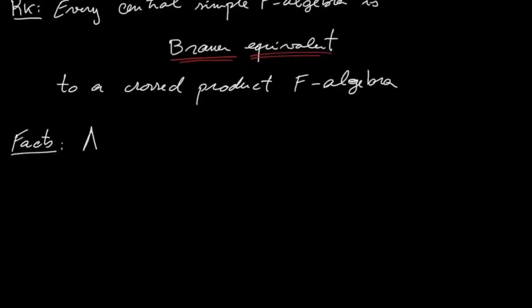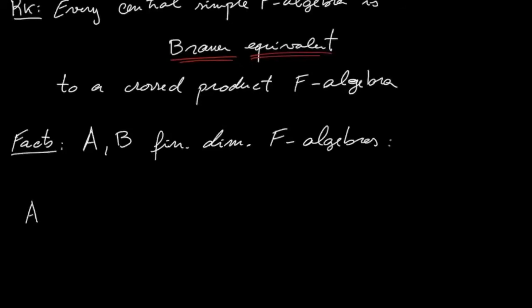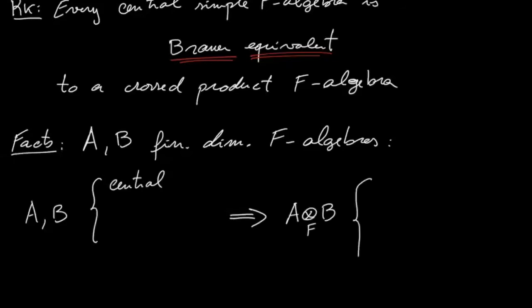Suppose that we have A and B, two finite dimensional F algebras, and suppose that both of them are central. Then it turns out that the tensor product over F is again central.